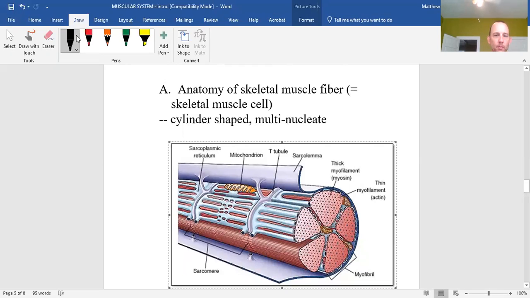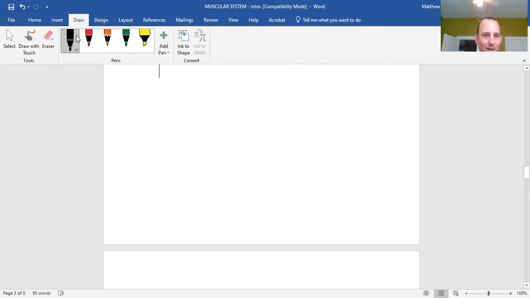Now, before we get to the anatomy of skeletal muscle fiber, I think as you go through Visible Body, it'll let you work down through the different layers and things like that. I do want to have a short discussion about what's called architecture or shape of your muscles, because not all your muscles have the same shape or appearance.